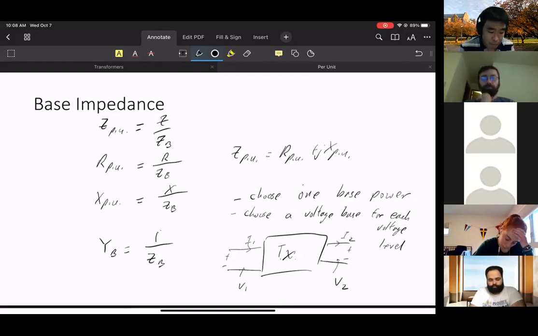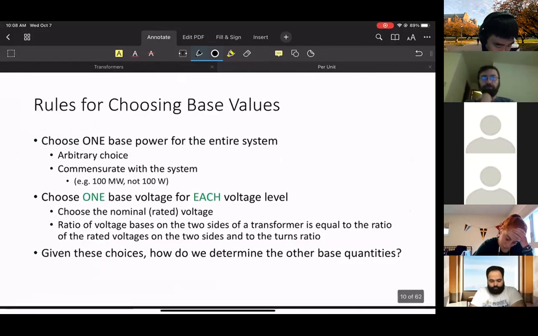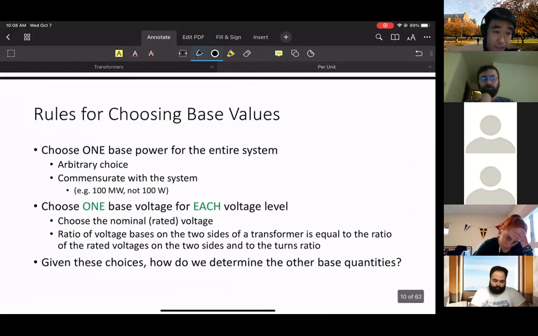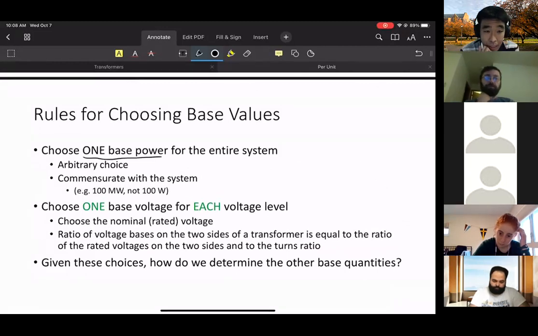So to summarize, these are the important rules. Choose only one base power for the entire system. This is an arbitrary choice you can make, but you should pick a base unit that's more related to your transformer.